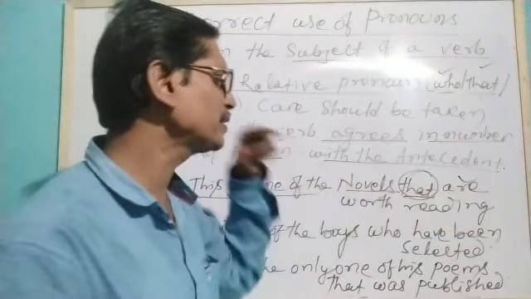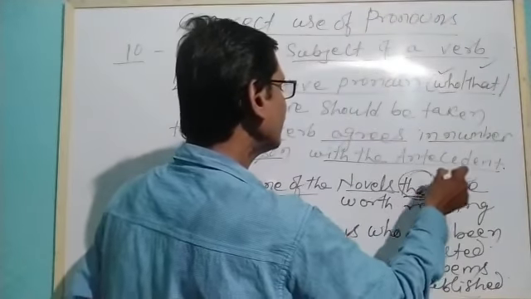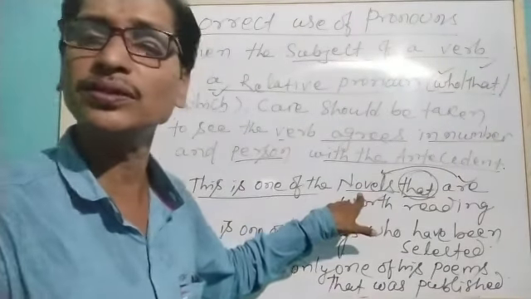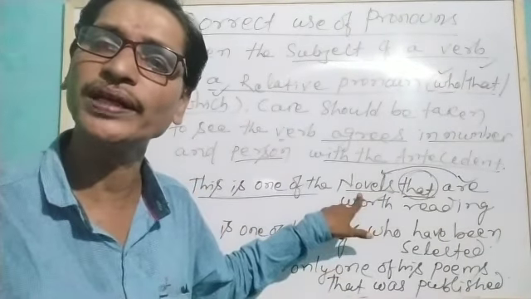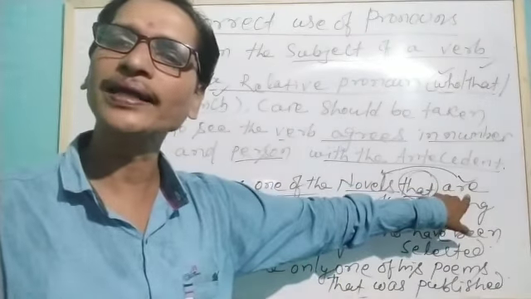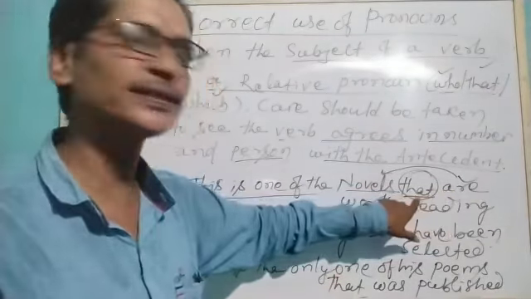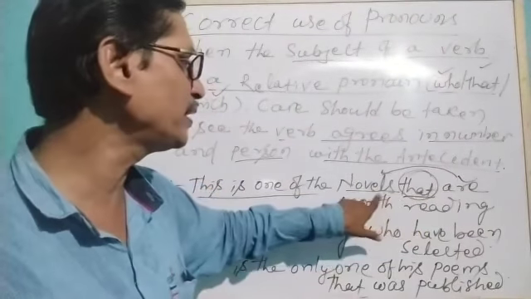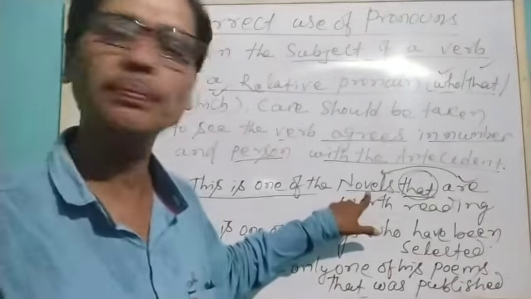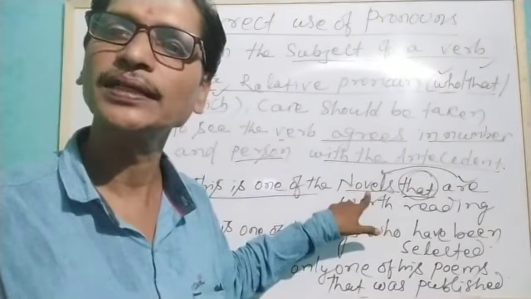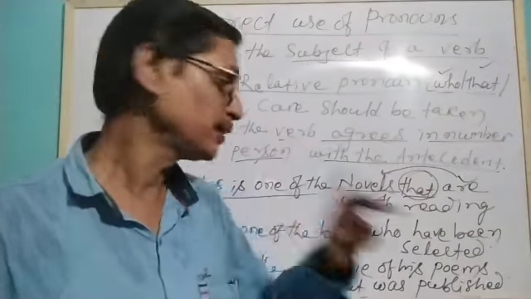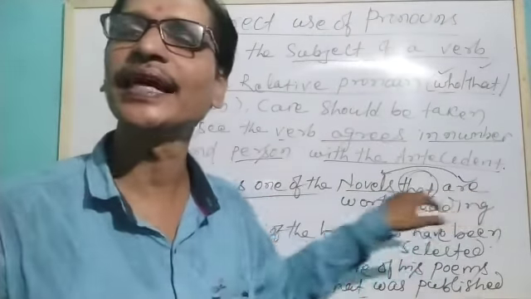It is related with these novels, because novels is the antecedent over here. So we have used are as a plural verb, because it is a relative pronoun and its antecedent here, novels, is a plural subject. Therefore, we have used are. It agrees with this antecedent.